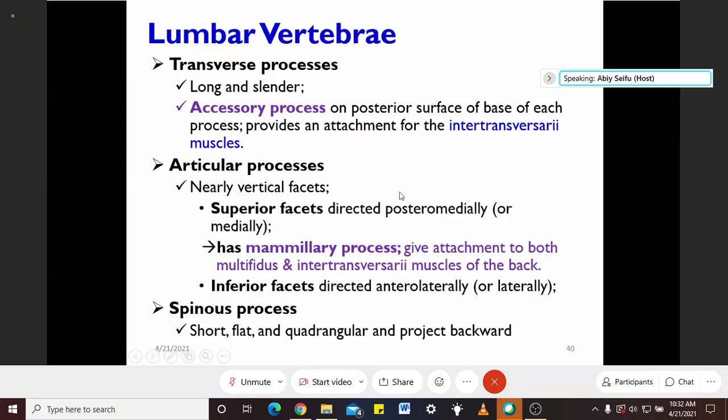On the transverse process, there is an additional process, which is the accessory process. This process is found on the posterior surface of the transverse process, and is used for the attachment of deep back muscles. Whereas the articular processes, the articular facets, are aligned almost vertically.